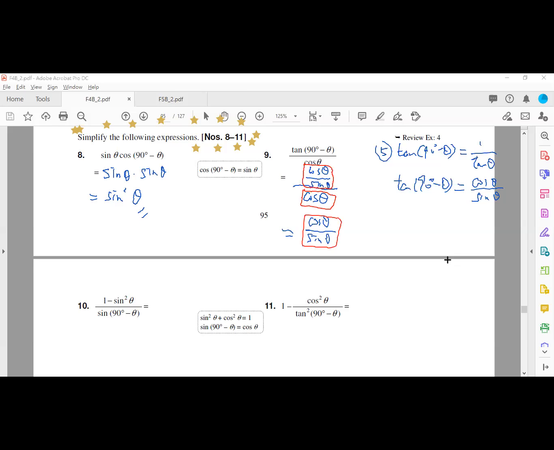Okay? Over cosine theta means divided by cosine theta. Right? Like this. Over is changed to divide. And then divide is changed to multiply by upside down. Multiply by 1 over cosine theta.